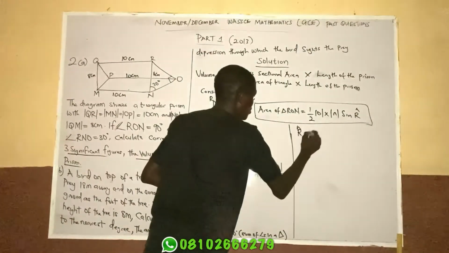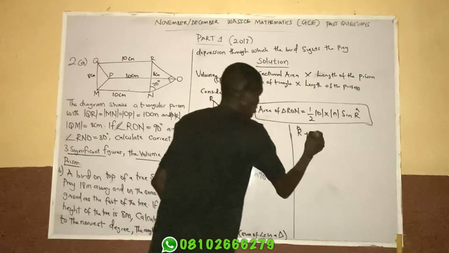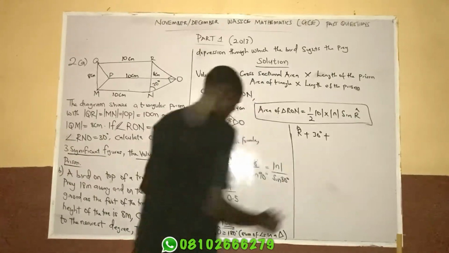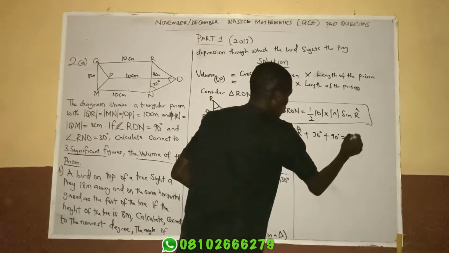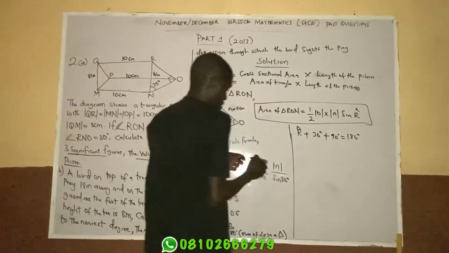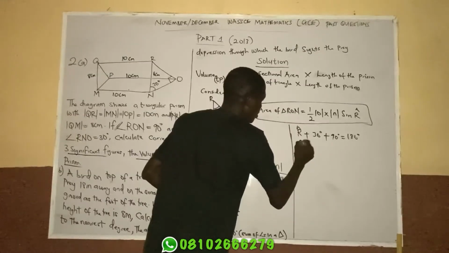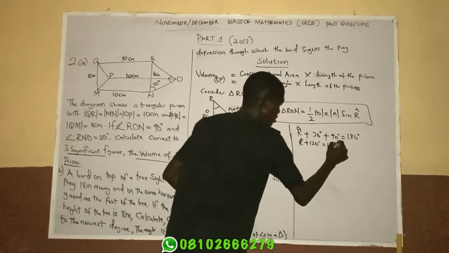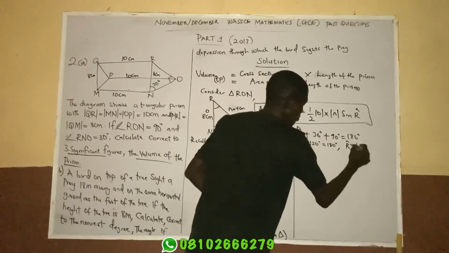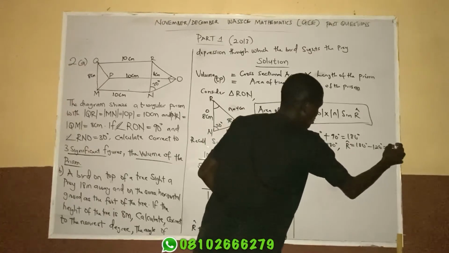Angle R plus N, which is 30 degrees, plus O, which is 90 degrees, equals 180 degrees. So we have R plus 120 degrees equal to 180 degrees. Now R is equal to 180 degrees minus 120 degrees. So angle R is equal to 60 degrees.